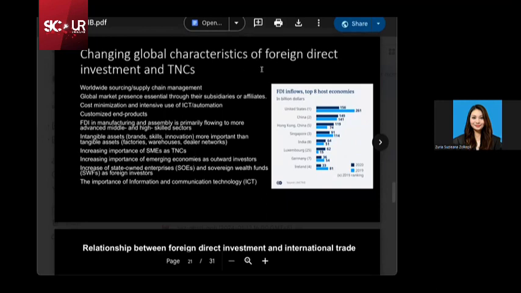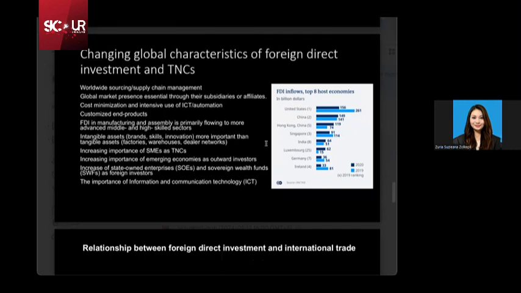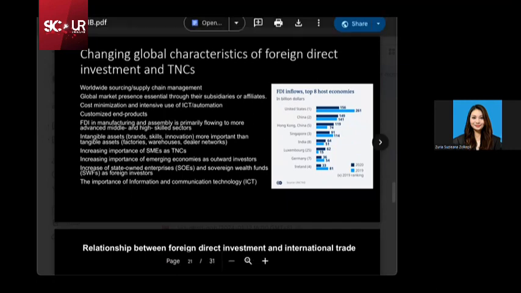Okay, global characteristic of foreign direct investment. So here you can see what makes it for TNC and MNC. TNC is transnational company, right? Worldwide sourcing, supply chain management, because this is what we have learned, global supply management.